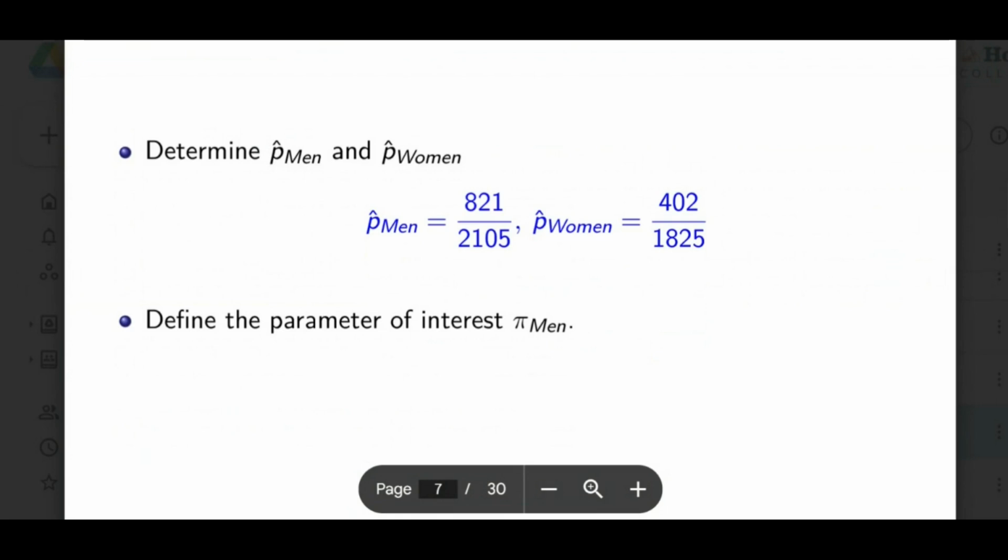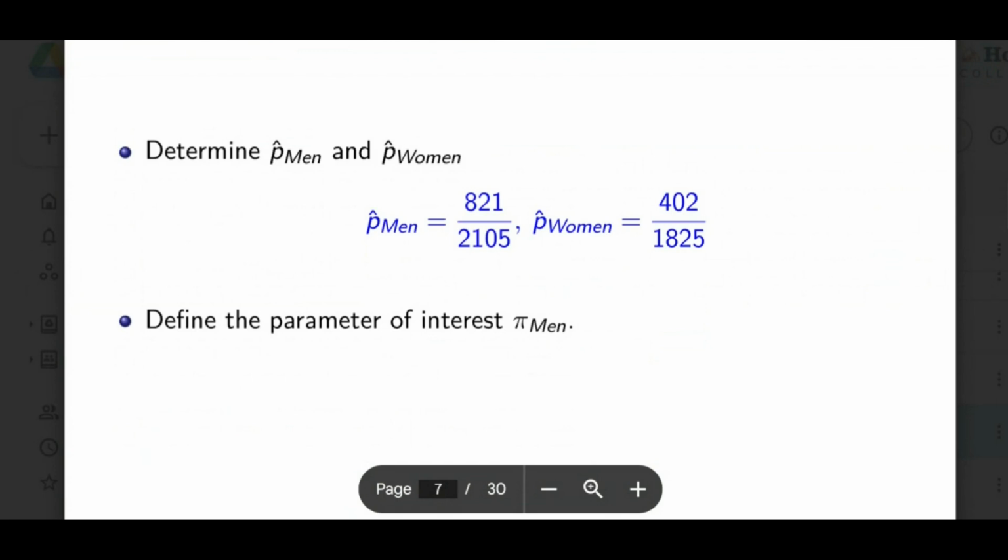Every time you see pi, what are the words that should come out of your mouth almost reflexively now? Pi is a long run proportion. But in this case, the long run proportion of, why is the word men here? That's right. The long run proportion of men who own at least one gun.